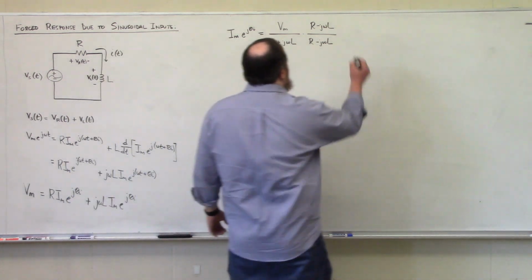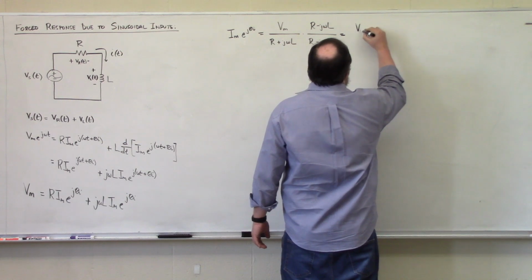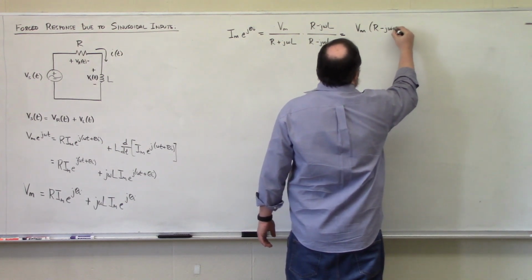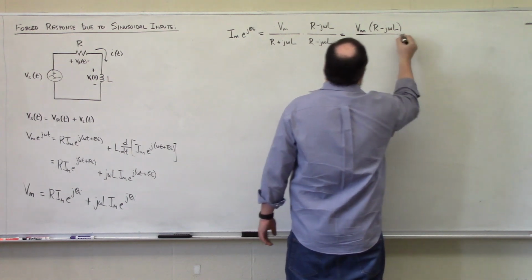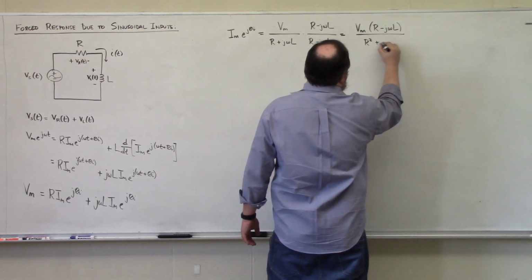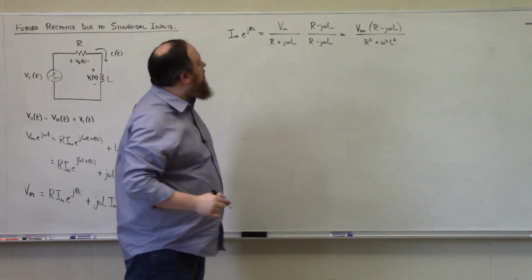So this is going to give me Vm times R minus j omega L divided by R squared plus omega squared L squared.